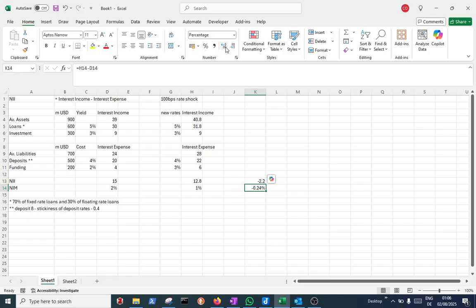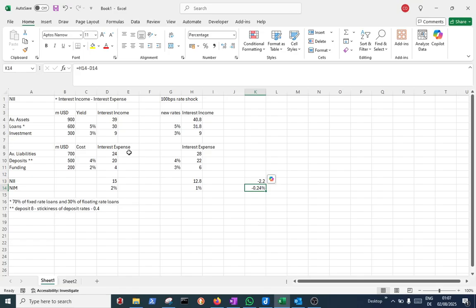This is a very simplified version of net interest income modeling. What we're missing here is all sorts of hedging, banking book compensation, all sorts of maturity accommodation, and other things which make the model much more difficult.